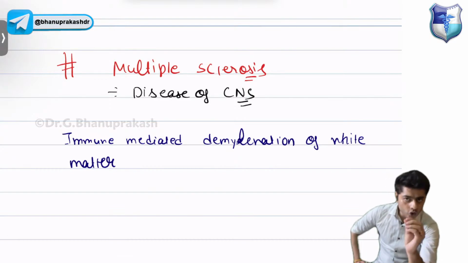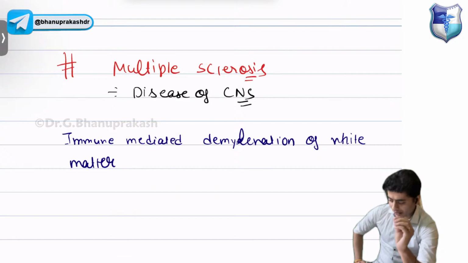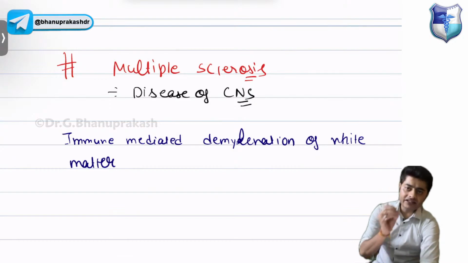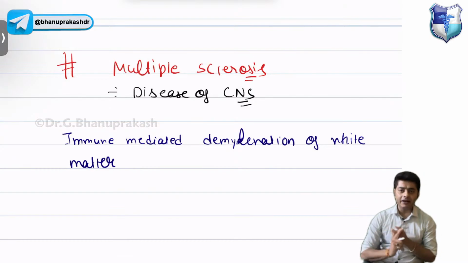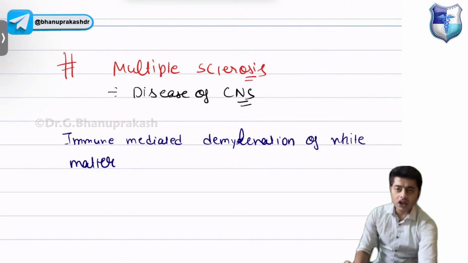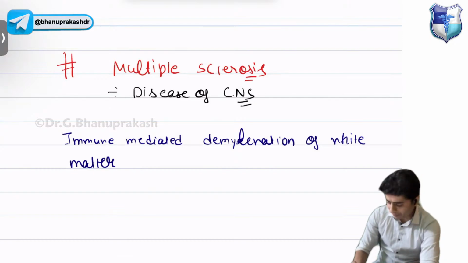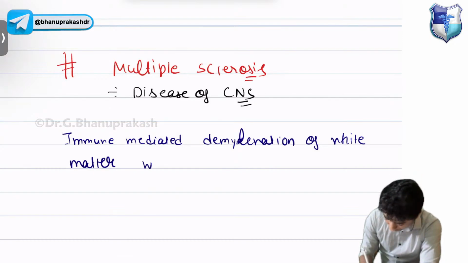So it is an immune mediated demyelination of white matter. If white matter is demyelinated, there will be gliosis and sclerosis.